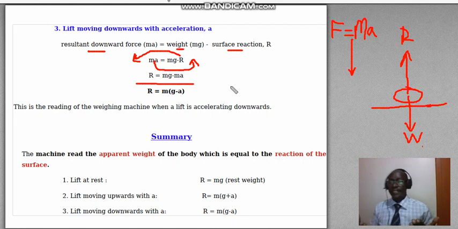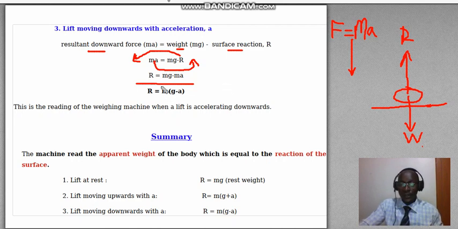And we have already said that our weighing machine reads a value that is equal to the reaction. That is, the apparent weight is equal to the reaction. So this will be the apparent weight or the reading on that weighing machine.